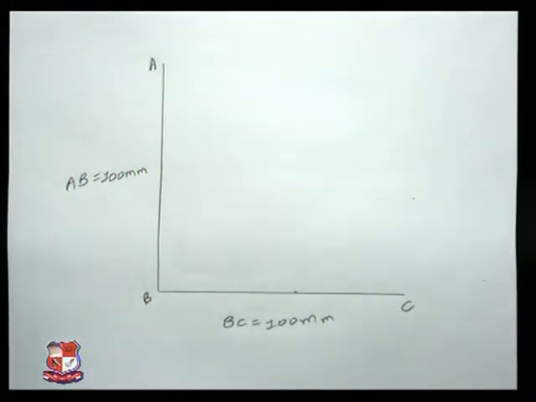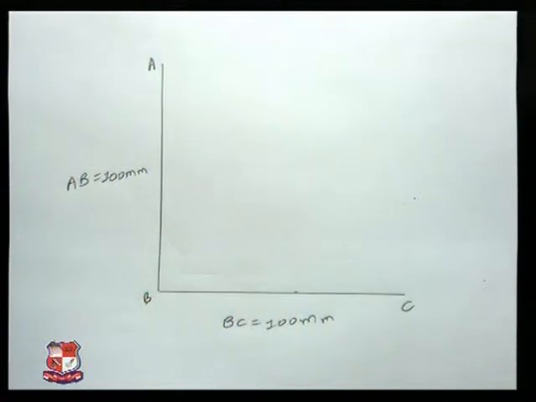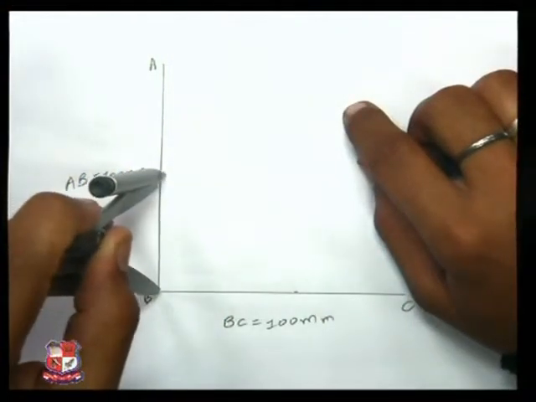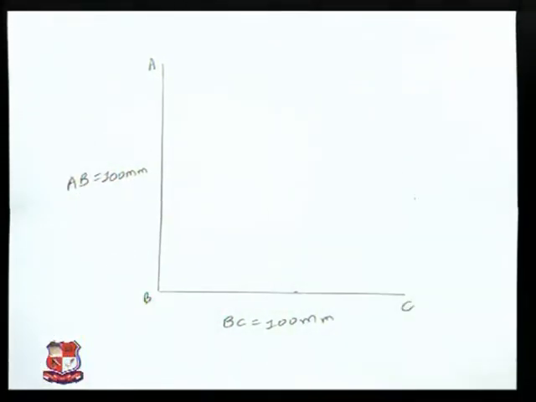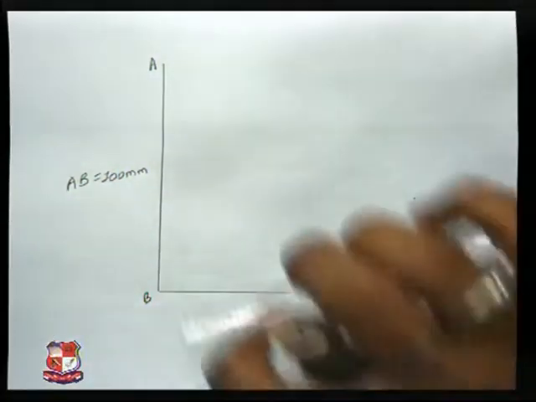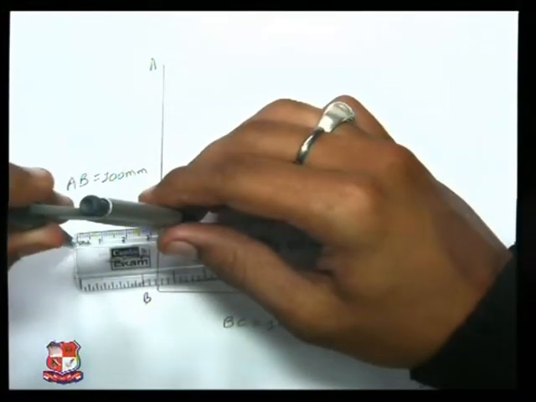Now we need to trisect. Trisect means that we need to divide this right angle into 3 equal parts. So taking B as center and taking any desired radius, but be specific to measure this radius, as we need to do the same for all sides.